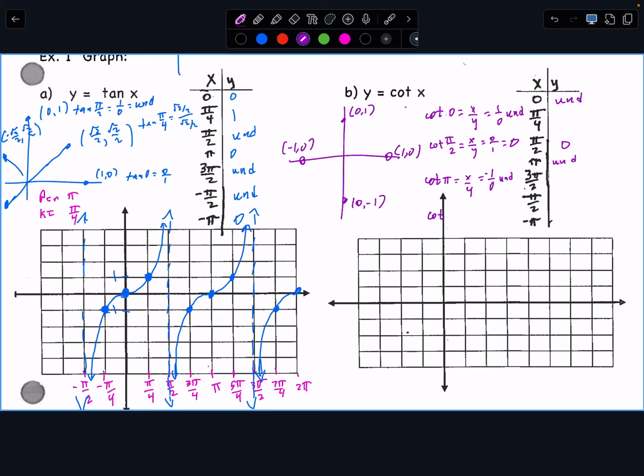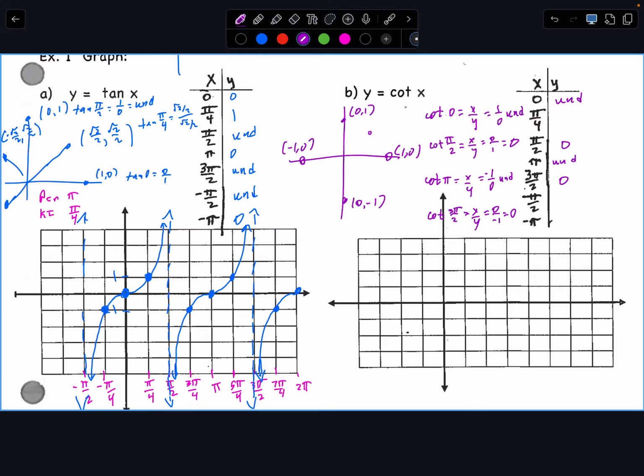And then the cotangent of 3 pi halves, again x over y, is 0 over negative 1, and that is 0. So tangent and cotangent flip: where one's 0, the other's undefined, and vice versa, because of flipping x and y.